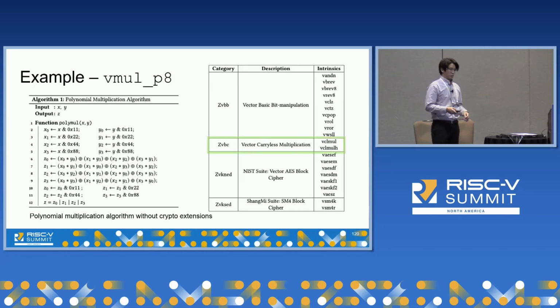Here is one example of such an intrinsic: a polynomial type vector multiplication. On the left-hand side, if we use the pure RISC-V vector extension, we need many bitwise operations to complete it. But with the vector crypto extension, we can utilize carry-less multiplication to compute these polynomial type multiplications.